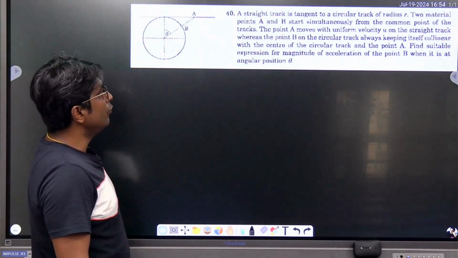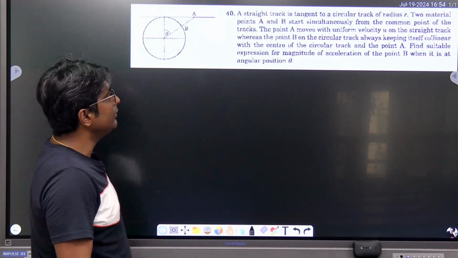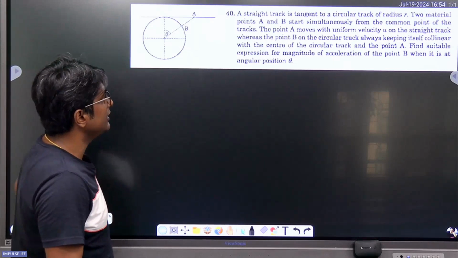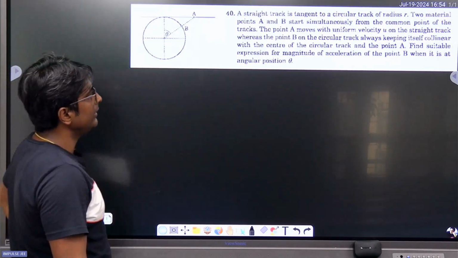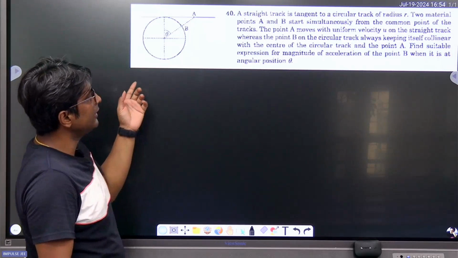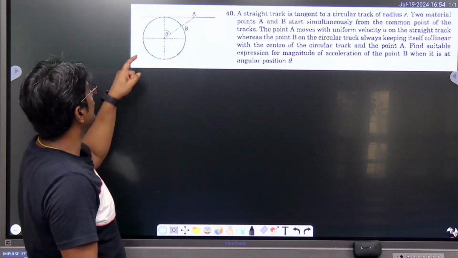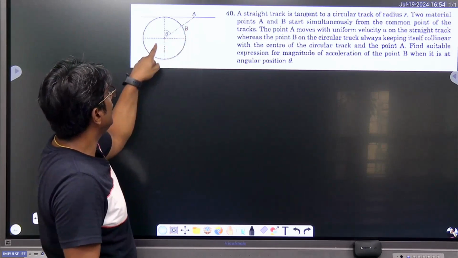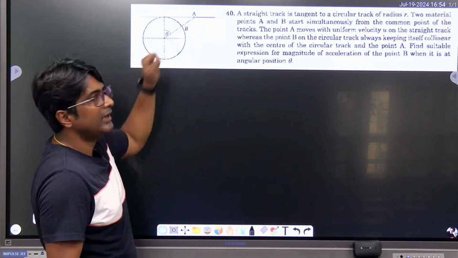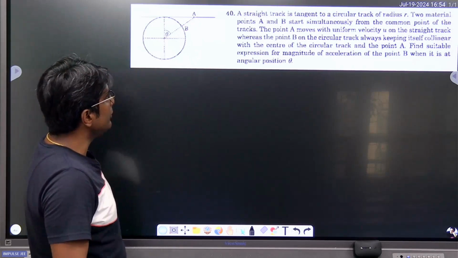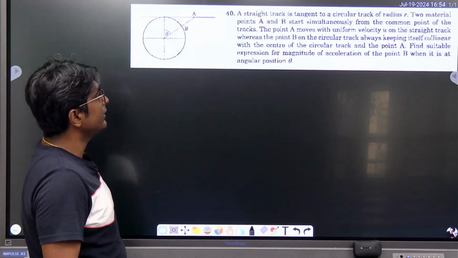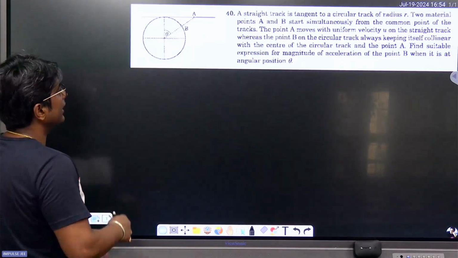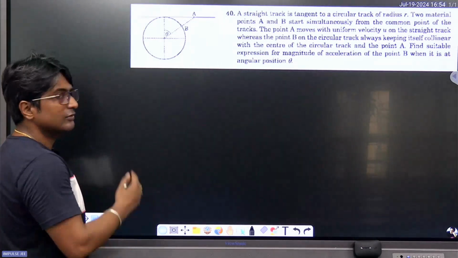The point A moves with uniform velocity u on the straight track, whereas the point B on the circular track always keeps itself collinear with the center of the circular track and the point A. It is shown in the figure also. It is always maintaining along the same line. If B is here, then A will be here. So we need to find the suitable expression for the magnitude of acceleration of the point B when it is at angular position theta as shown in the figure.